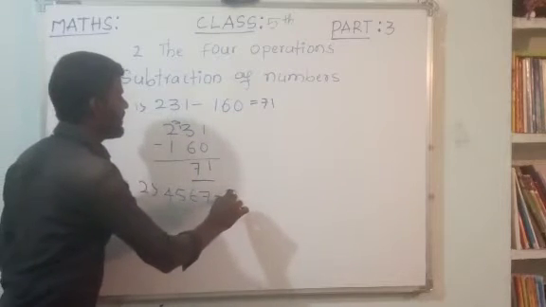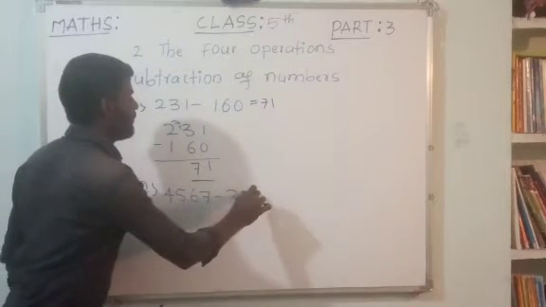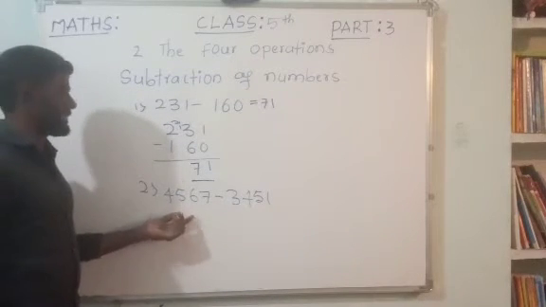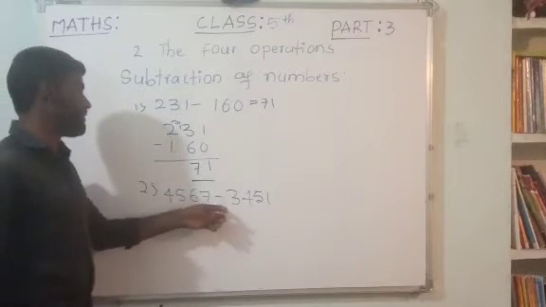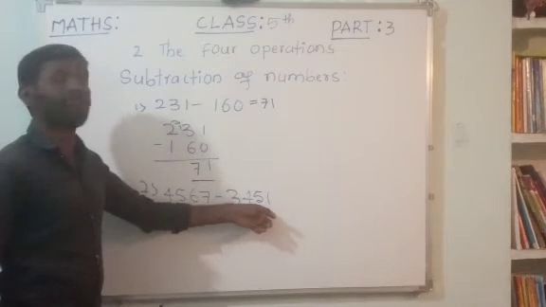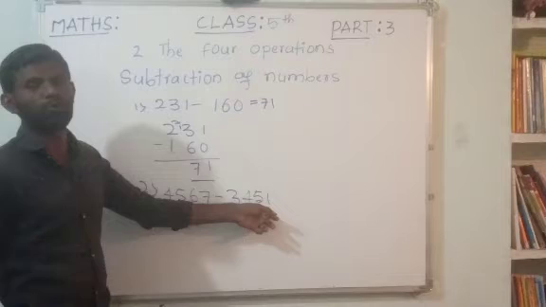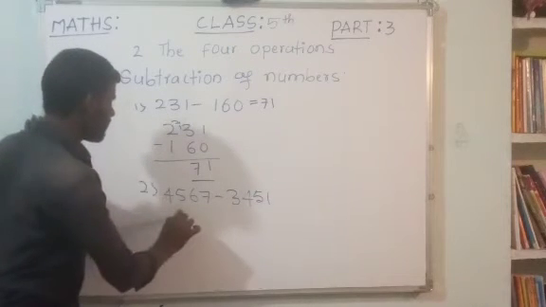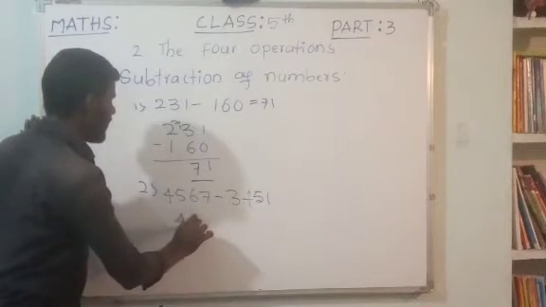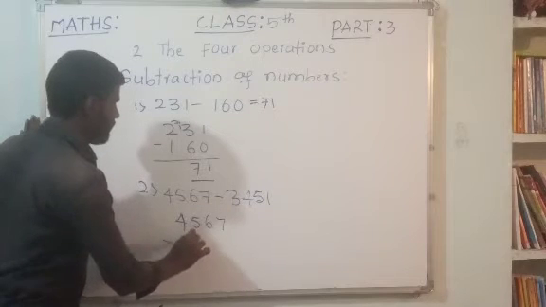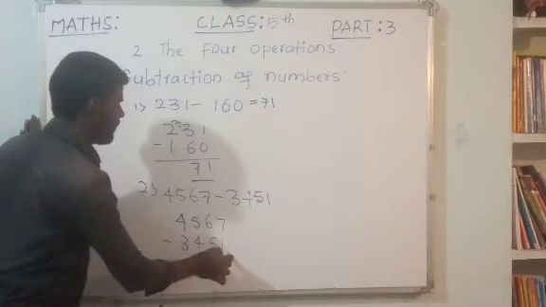Example 2, dear children: 4567 minus 3451. Here these are two 4-digit numbers.